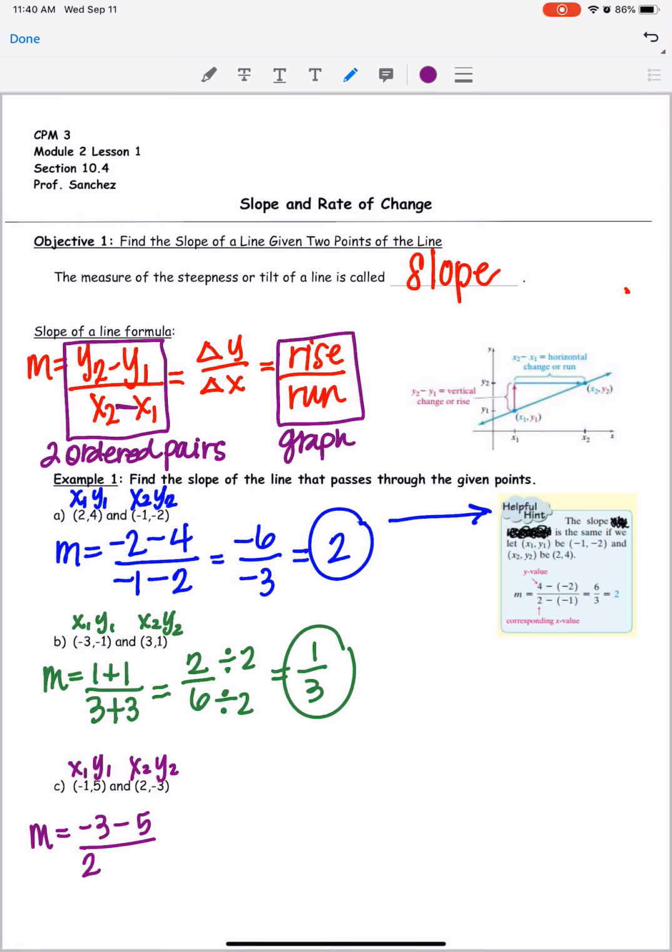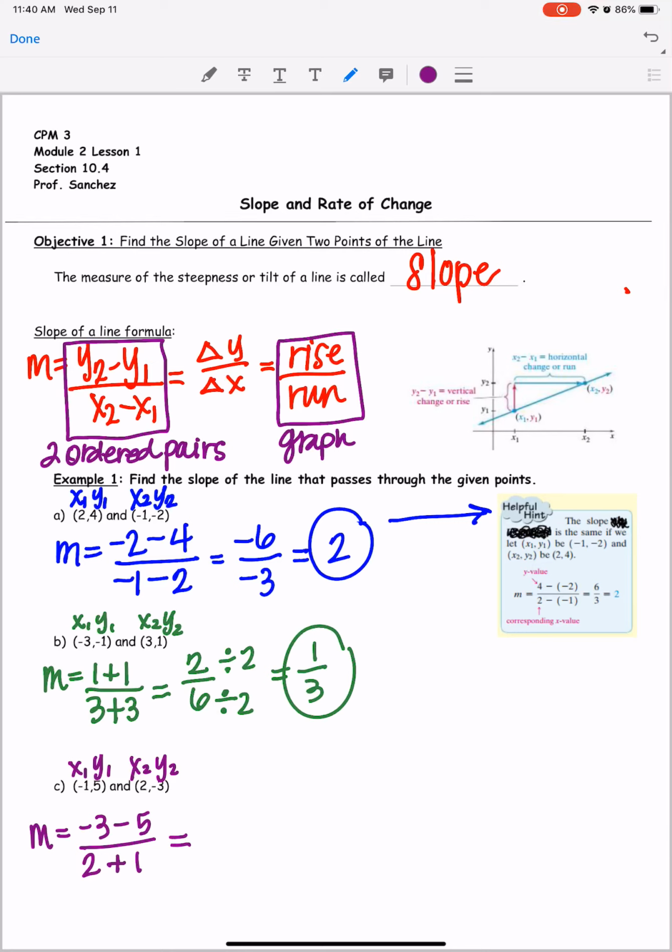Then it is minus, so we bring that down. And then my x1 is a -1, so you've got that double negative, but minus a -1 is the same as just adding 1.